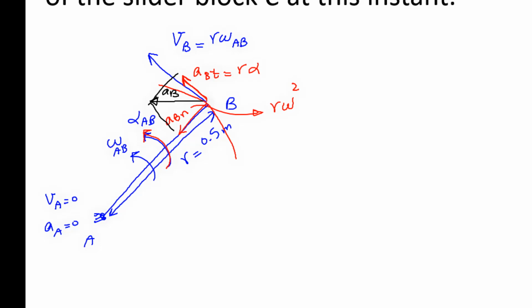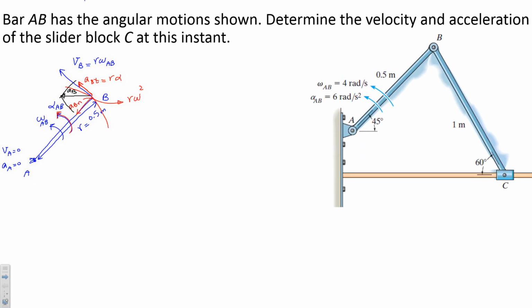This is AB. There is another method that you can use to find the acceleration of point B, and that method is just using the relative acceleration equation, the vector analysis.